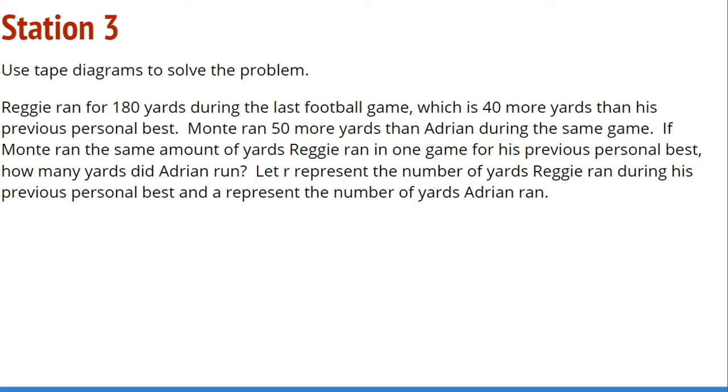I've got Reggie's new best, and then I've got Reggie's old best, and then I've got Adrian's. Let's see, I've got Reggie, Monty, and Adrian. Okay, let me think here. So I've got Reggie, Monty, Adrian, but for Reggie I've got his new personal best and his old personal best.